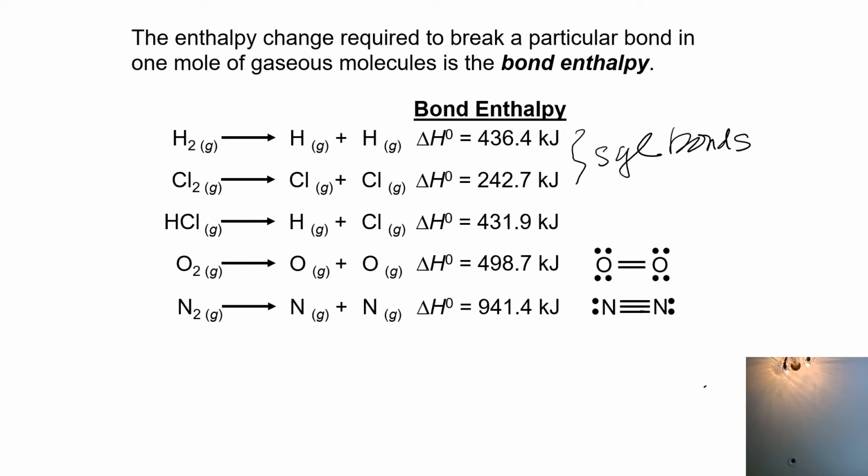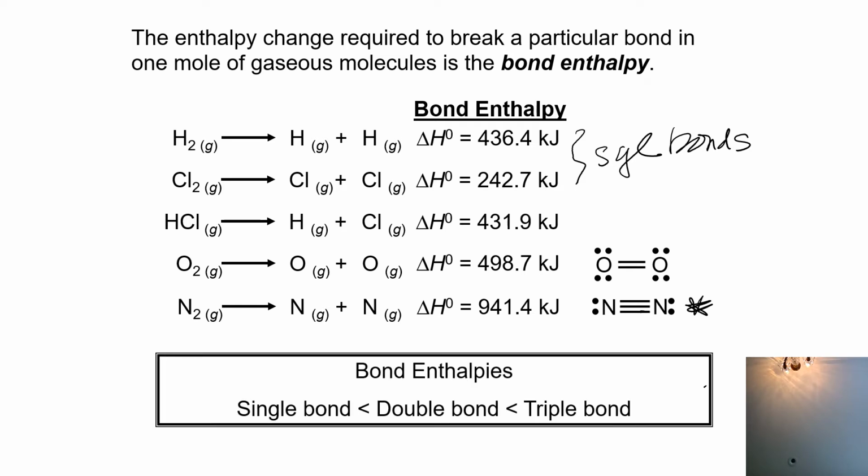And again, here we have that binary molecule with two different atoms or elements. Then we see a double bond and a triple bond. You'll see that the energy required to break that triple bond in nitrogen is much greater than the energy required to break the double bond in an O2 molecule.